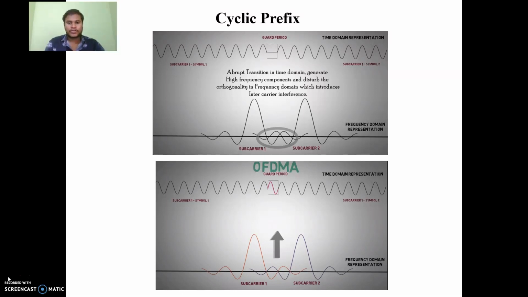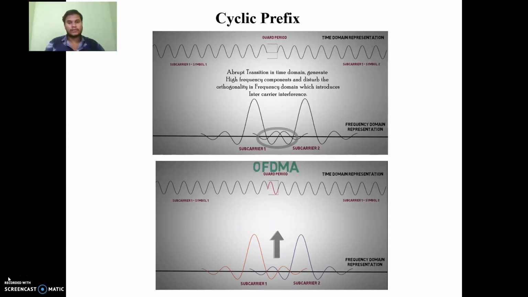This figure shows how the cyclic prefix can be inserted. If you consider the FDM technique, between the two symbols of a subcarrier we insert one period called a guard period. But when this guard period is converted to the frequency domain, it causes some sinc pulses to overlap.